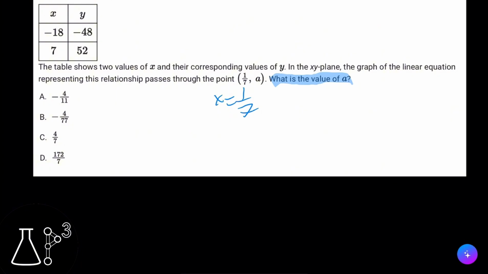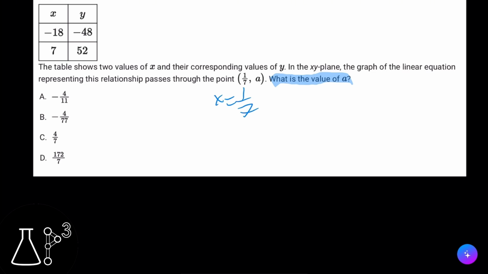Well, I'm given 2 points, negative 7, negative 18 and 7, 52. And as we can see, the y value is increasing and the x value is increasing. What we want to look for in this type of situation is the slope, or the rate of change: how much y increases when x increases by 1. So we want to use the slope formula, like we did in the previous question.